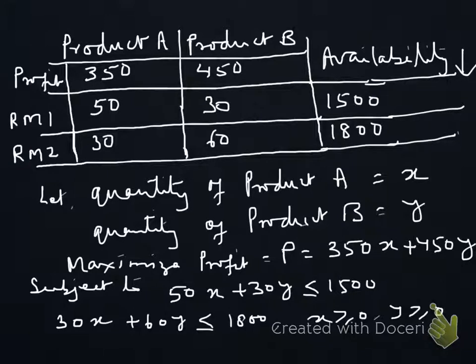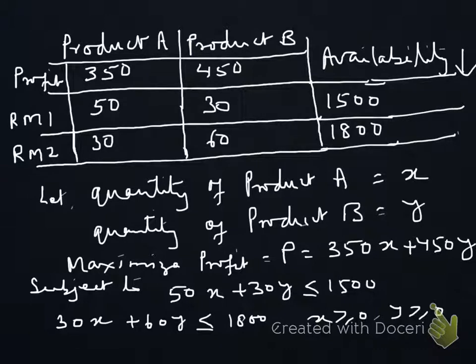Raw materials are required. So if we take raw material 1, since we are producing X units of product A and each unit of product A requires 50 units of raw material 1, 50X is the consumption of raw material 1 in product A. 30Y will be the consumption of raw material 1 in product B, and the total consumption will be 50X plus 30Y, which should be less than or equal to the availability, which is 1500.